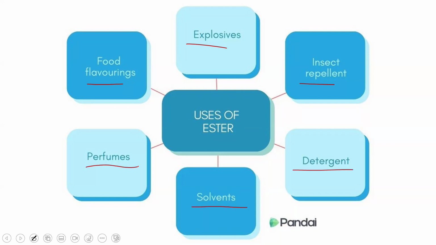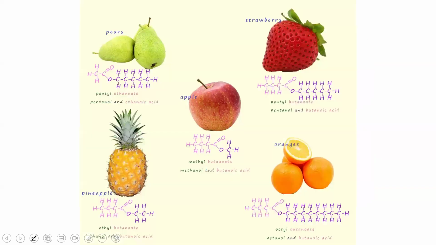I don't know if you've ever actually made an ester at school, but if you do, you can make pear drops, that smell of pear drops. And it's a really nice smell if you get it correct. So esters can be used for all those different things.